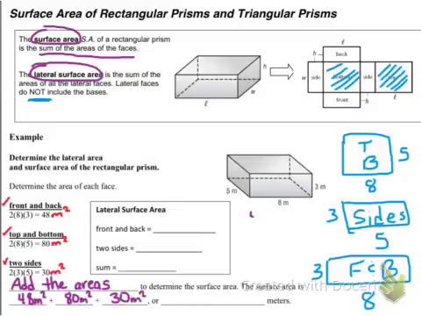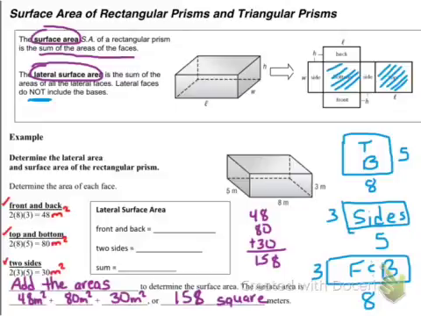If we add all that together, 48 plus 80 plus 30, we get 158. So the surface area is 158 square meters. In other words, if you were going to wrap that rectangular prism, it would take 158 square meters of whatever it is that you're going to wrap it with.